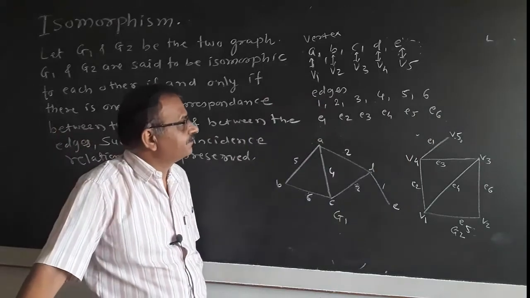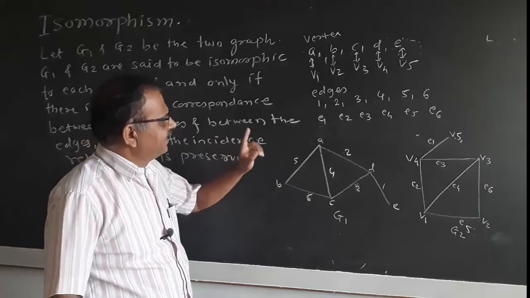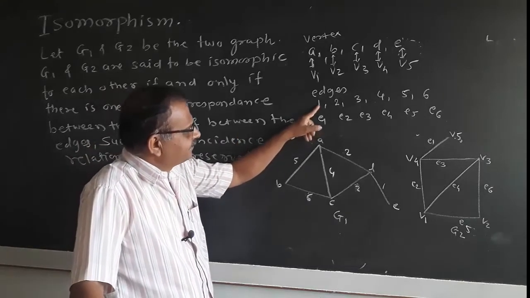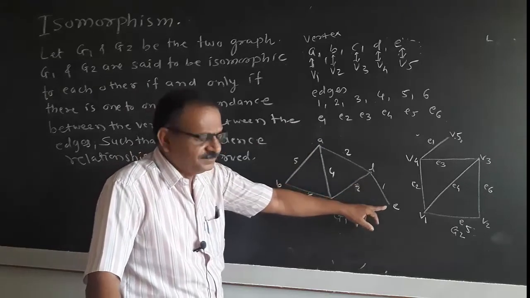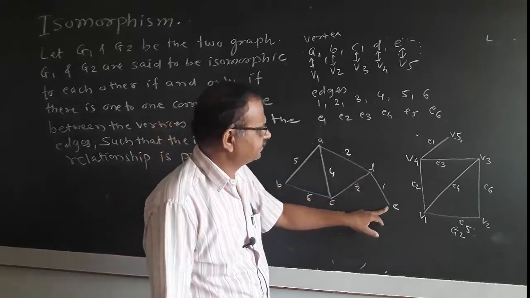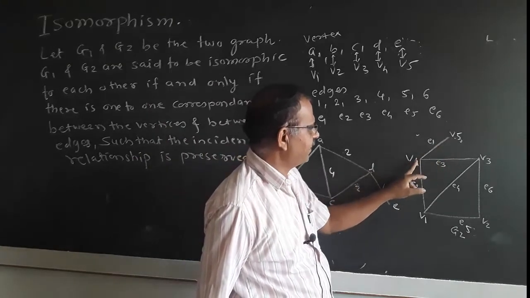These also correspond, because edge 1 is incident on the two vertices D and E in G1, and E1 is incident on V4 and V5.